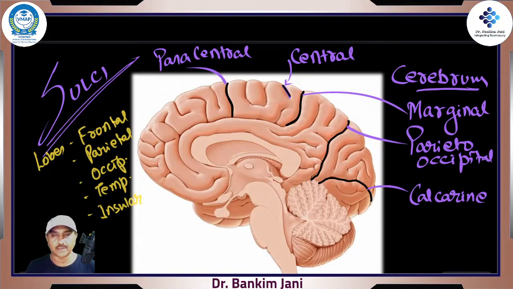And over here, we'll be getting one new lobe, and that is the limbic lobe. That's what we'll see, the limbic lobe. So let's start with the frontal lobe first, right? And let's mark it.